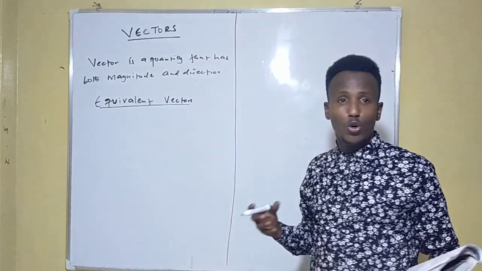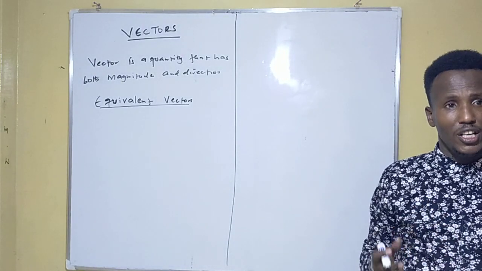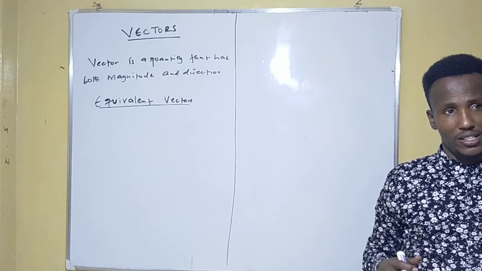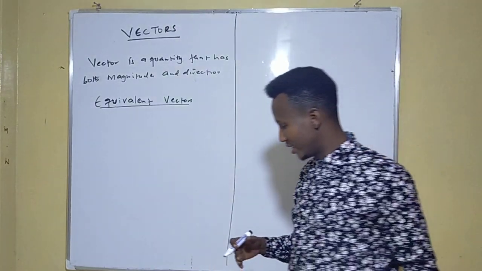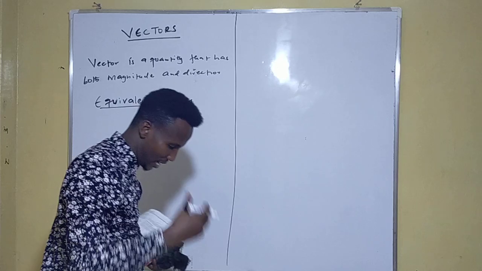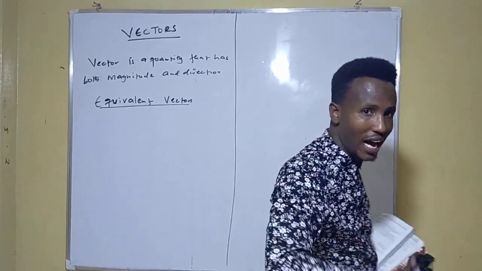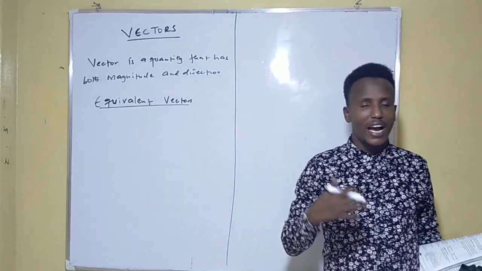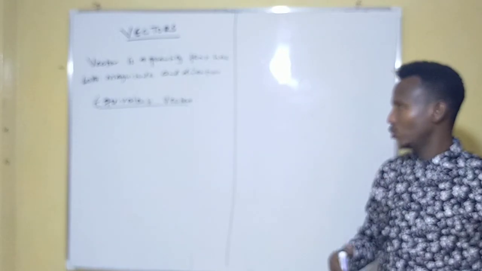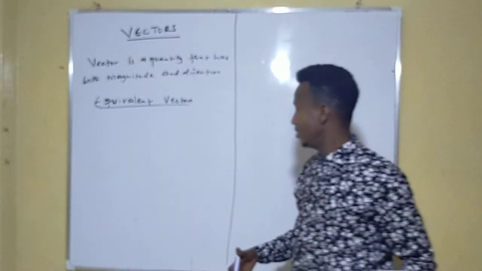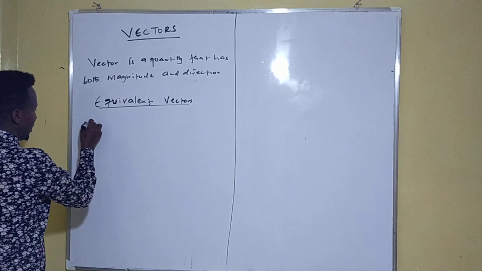We are saying two or more vectors are equivalent if they have the same magnitude and the same direction. Don't forget that. Two or more vectors are equal or equivalent if they have the same magnitude and direction. Just understand that.